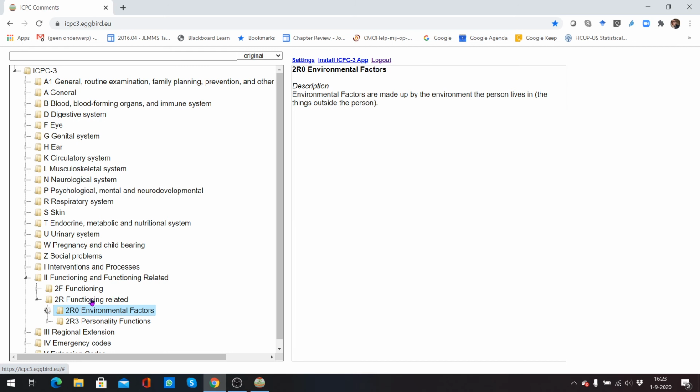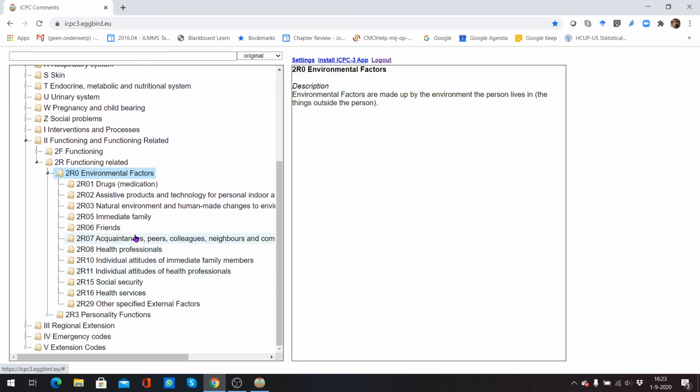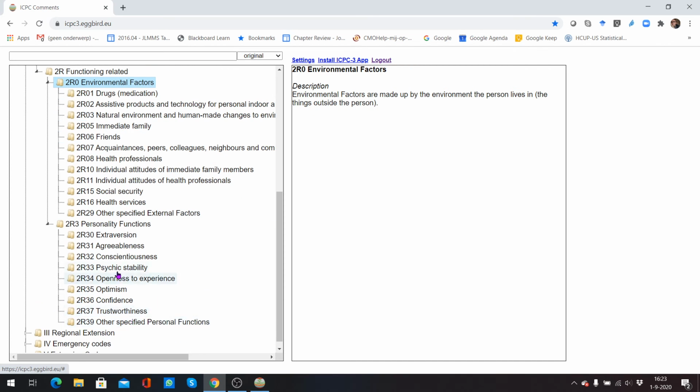I will open it. 2R01 to 2R29, and the personality functions in which one person differs from the other person. I will open it again. 2R30 to 2R39. Personality functions require the personal perception and expression of, and to what extent, a personal characteristic plays a role in the context of the person's health.